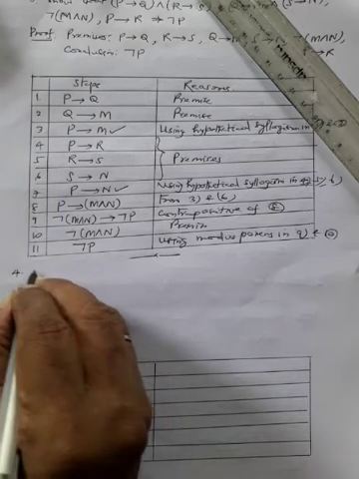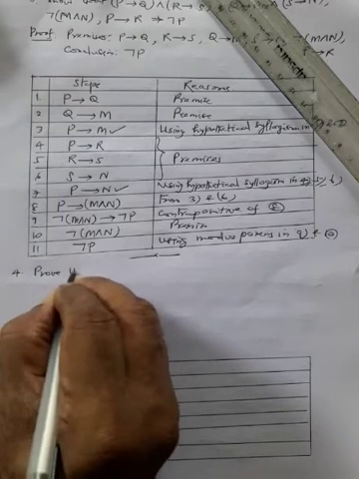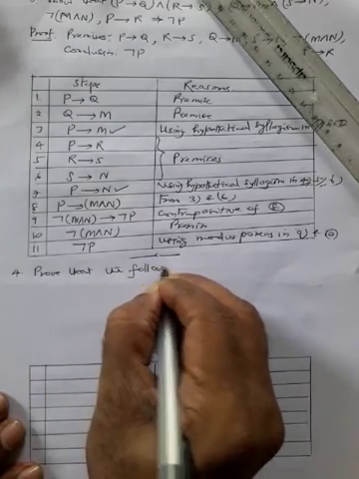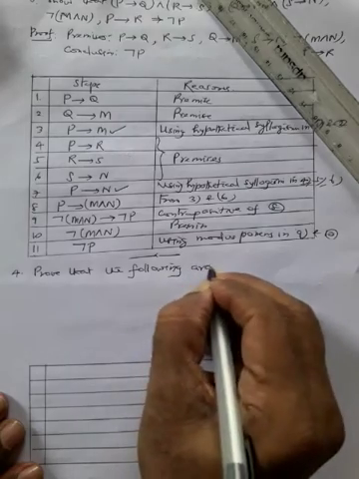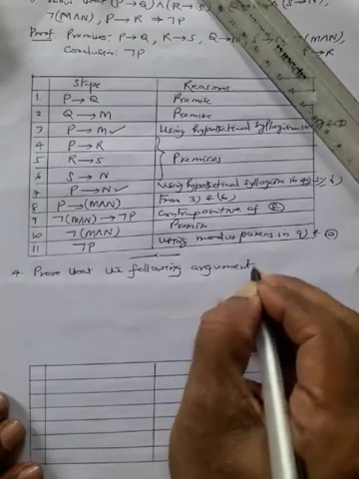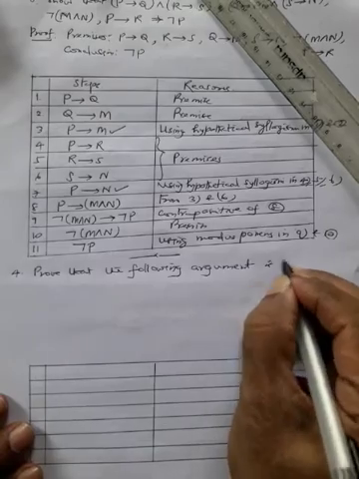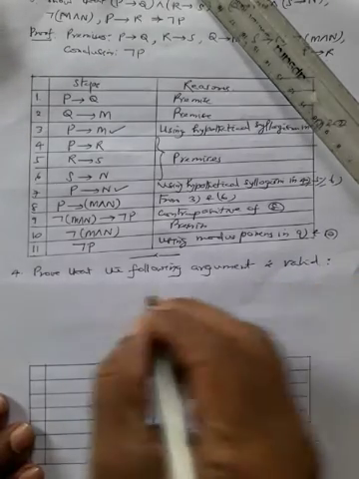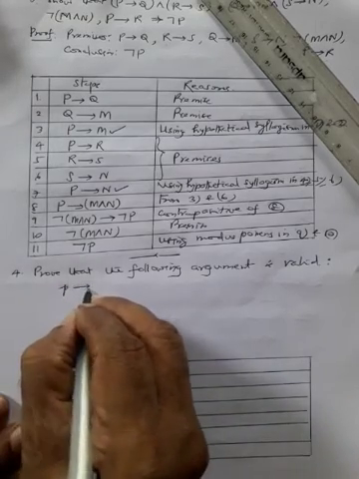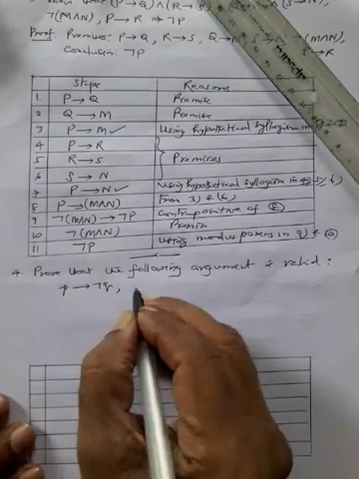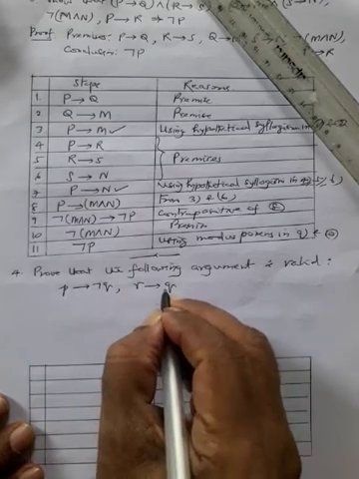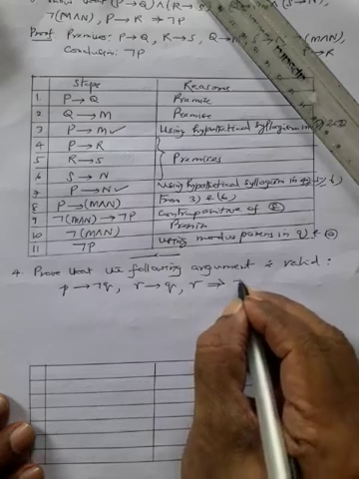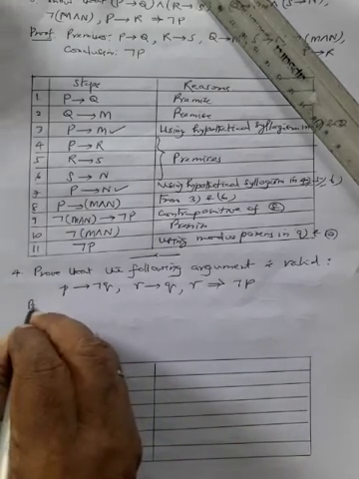Problem number 4. Prove that the following argument is valid. What is the argument? We have P implies negation Q, R implies Q, and R implies negation P. So proof.